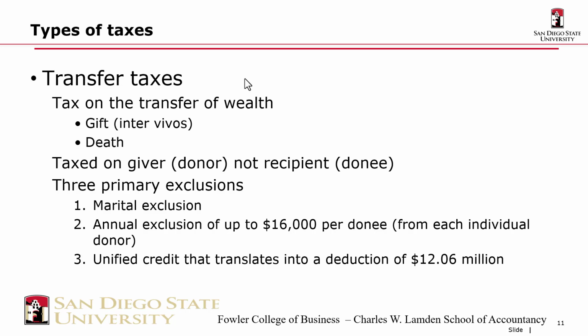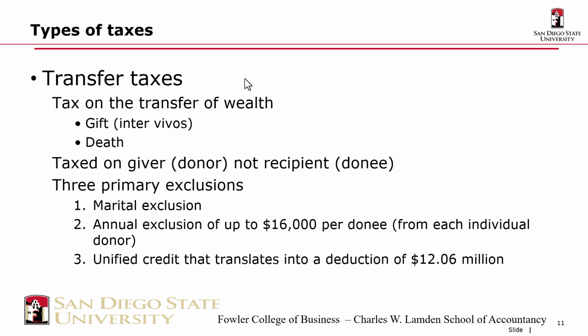For gifts, there's also an annual exclusion up to $16,000 per donee from each individual donor. So what that means is I have 3 sons, I could give each of them $16,000 and exclude any tax on those gifts because it's under the $16,000 limit. Let's say I decided to also give $16,000 to my nephew.